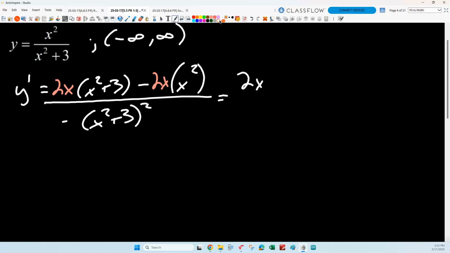The only common factor is 2x. If I take out a 2x, what's left behind? X squared plus 3 minus x squared. So what is that? 3. Yeah, right?